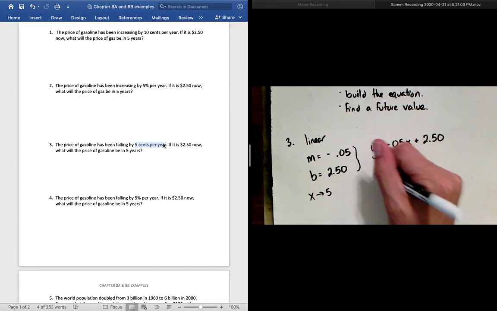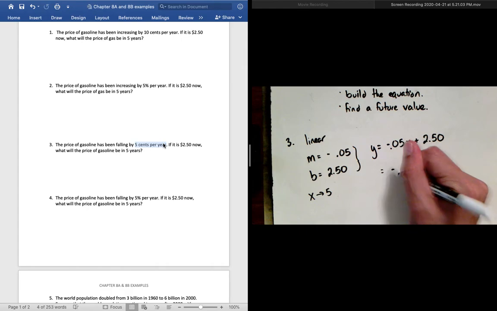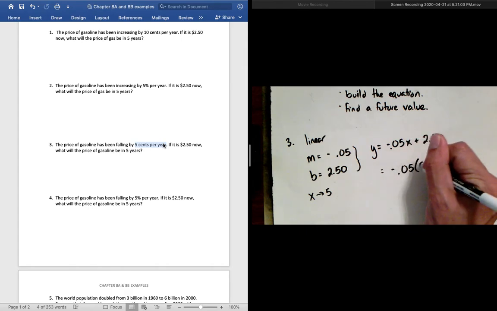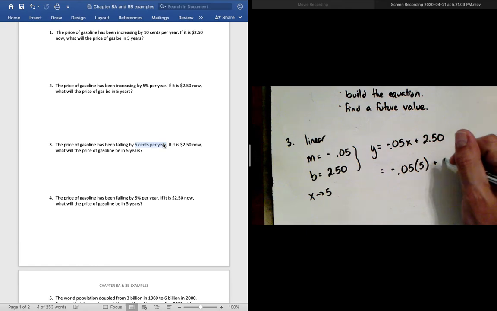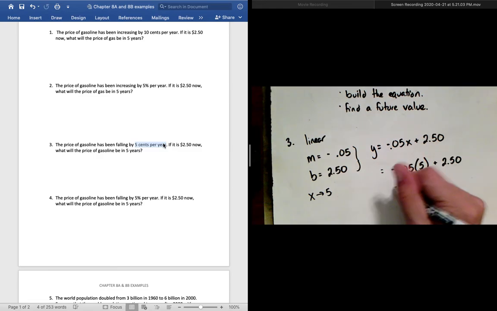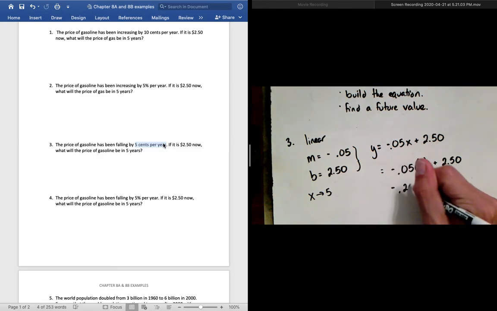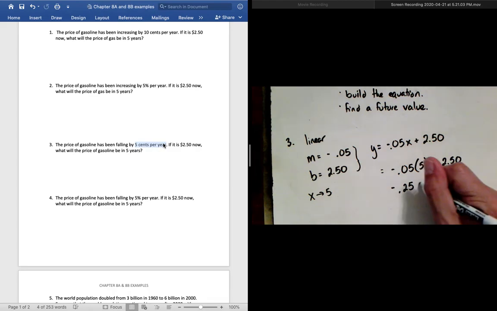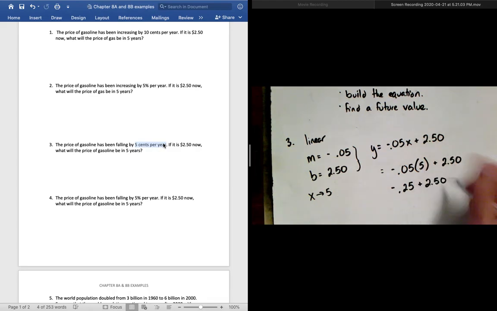And so after 5 years, we should see negative 0.05 times 5 plus 250. I multiply these together. I get negative 0.25 plus 250, which is equal to $2.25. So after 5 years, we should expect the gas to fall to $2.25.